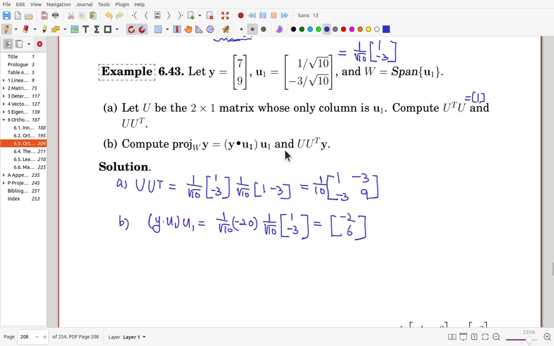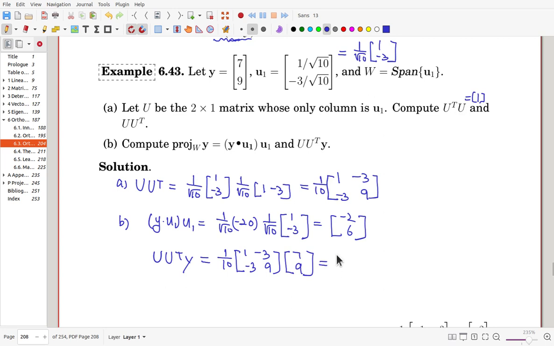Now, how about the other part? UU transpose Y. UU transpose is 1 over 10 times the matrix 1, minus 3, minus 3, 9, and then Y is here (7, 9).